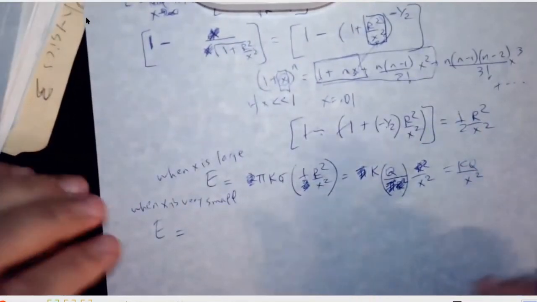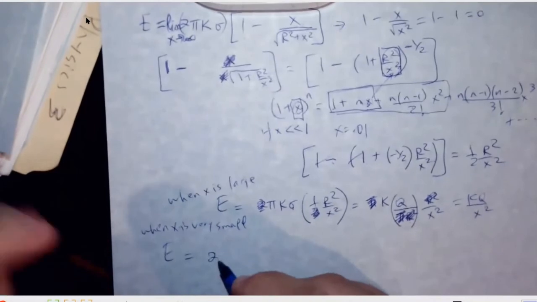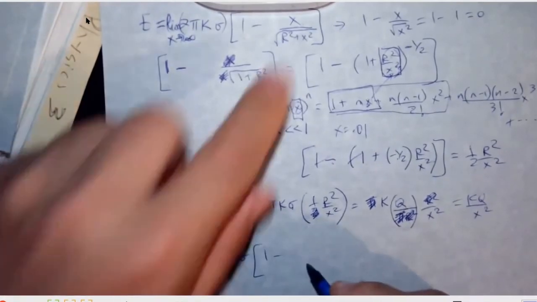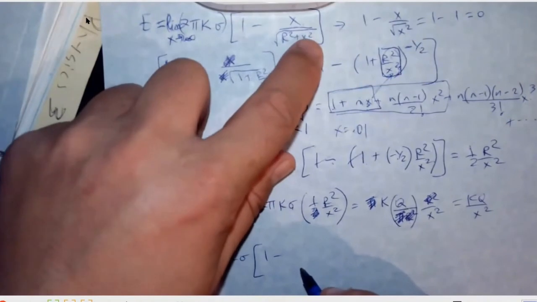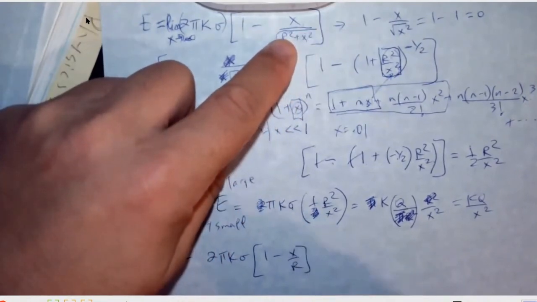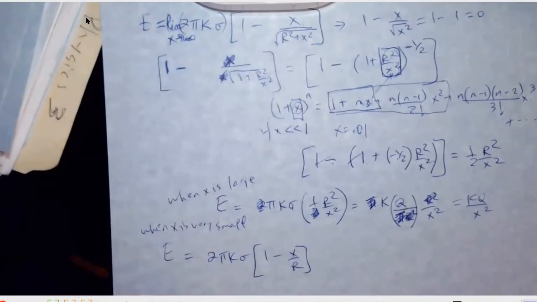And then that's going to be 2 pi k sigma, 1 minus x over r, because when x is small you ignore the rest and just keep that. Oh, okay. It seems like the electric field should drop linearly as a function of x.